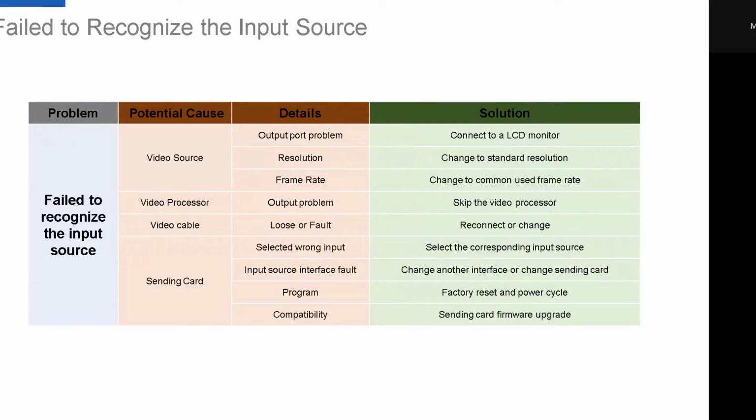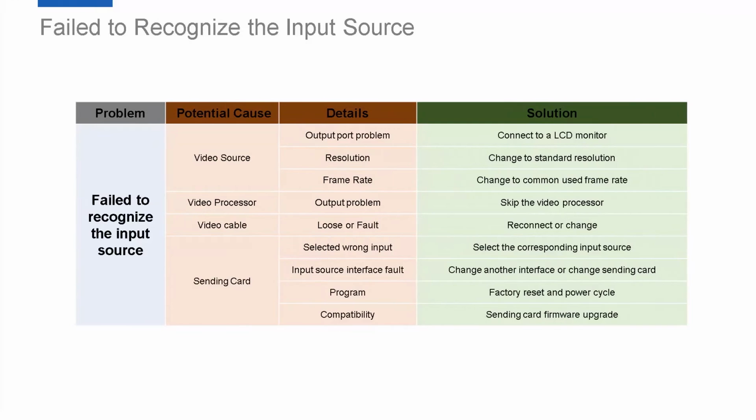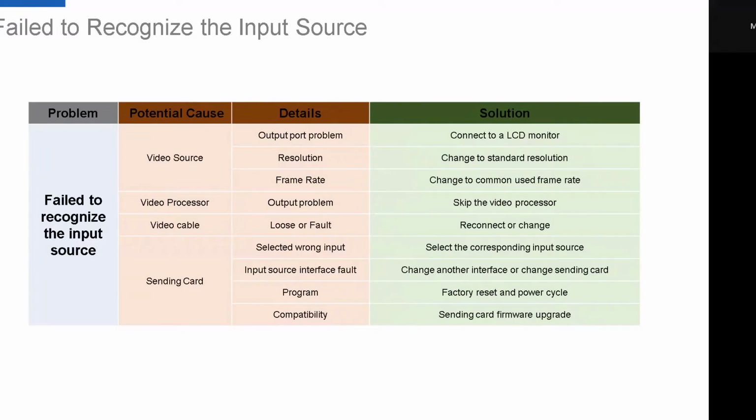then we need to move on to find a second possible reason, which is the resolution. Sometimes, to make sure an LED screen displays pixel-to-pixel, we need to use a customized resolution. But some of the controllers cannot take these special resolutions.